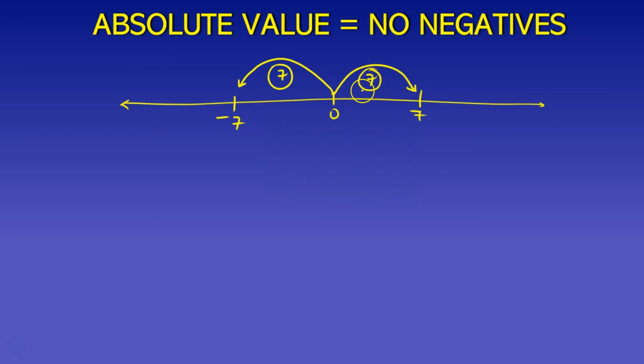So you can think of the absolute value of a number as the distance between 0 and that number. It doesn't matter if the number is positive or negative, that distance is always going to be positive. So keep that in mind, guys.